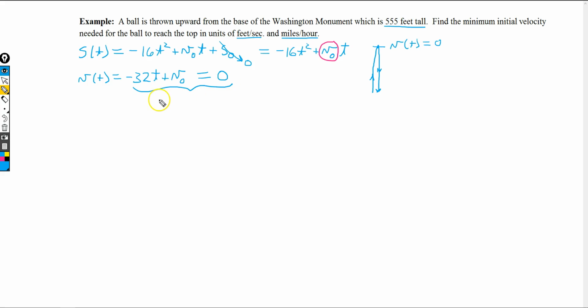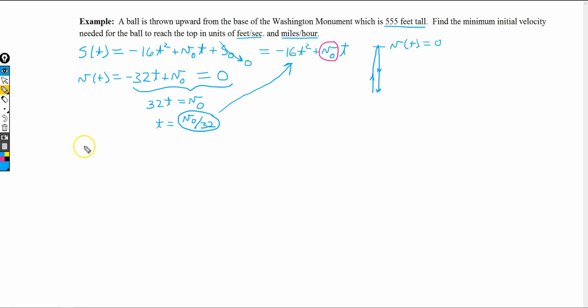So if we set this equal to 0 and solve for t, we get 32t equals v naught, just moving the negative 32 over, or t equals v naught divided by 32. Now what we're going to do is put this into our position function up here, set this equal to 555, and try to solve for v naught.